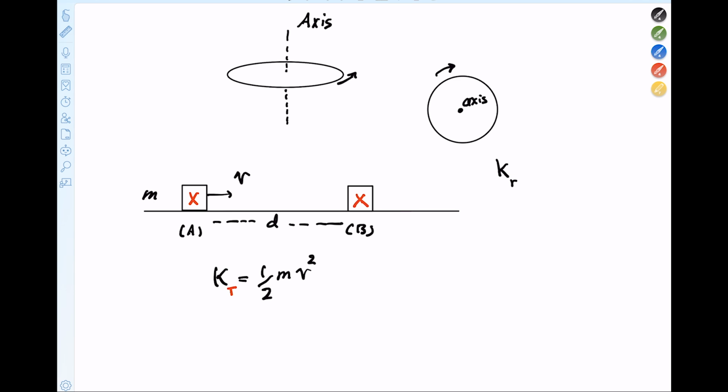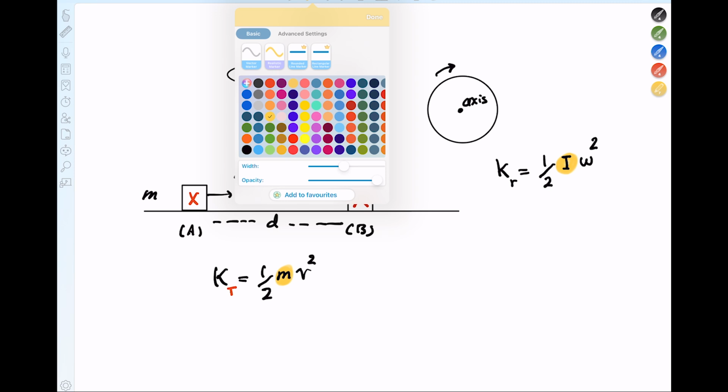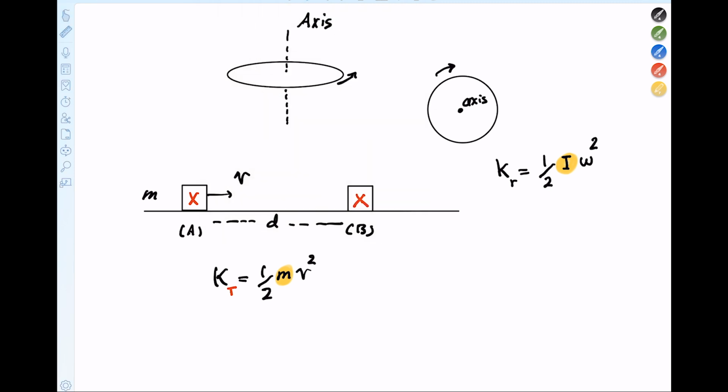K_r, r indicates rotational, equals half I omega squared. It is very close to what we have here. So we have half m v squared, we have half I omega squared.